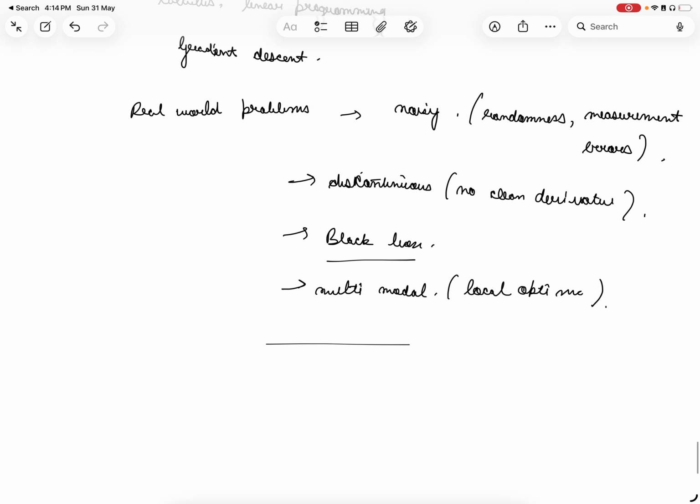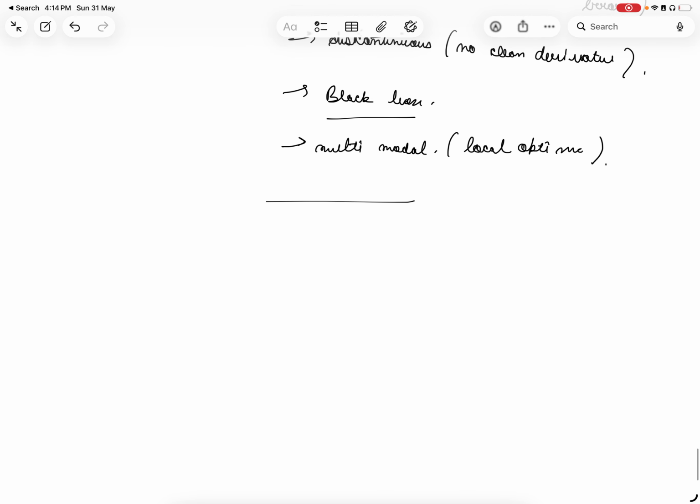This is where meta heuristics step in, because they are very flexible. They don't need gradients or smooth functions. They just need to evaluate the solutions, and they are remarkably good at exploring huge spaces very intelligently.